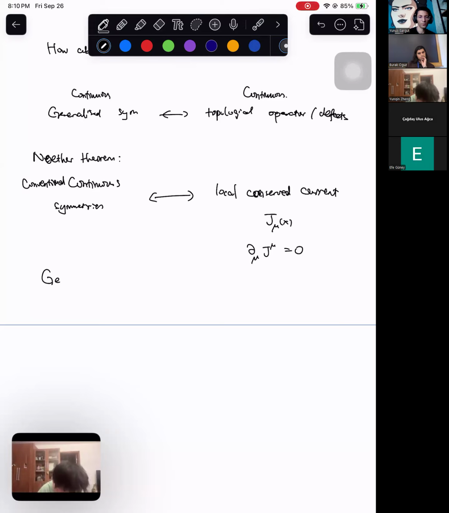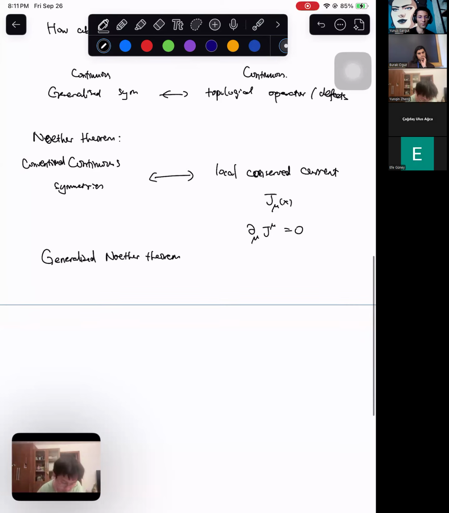So let's call it the generalized Noether theorem. Meaning that the continuous non-invertible symmetries also come with a conserved current.